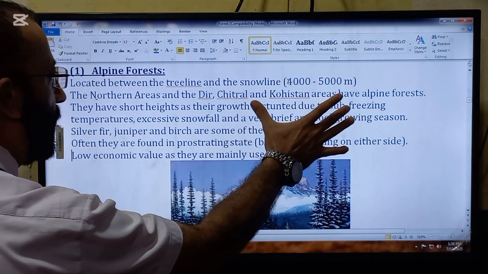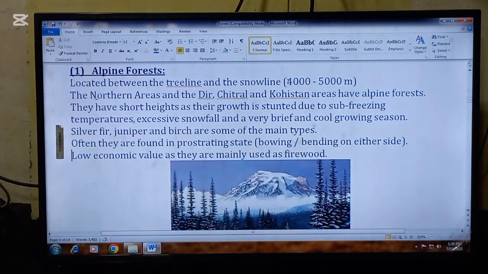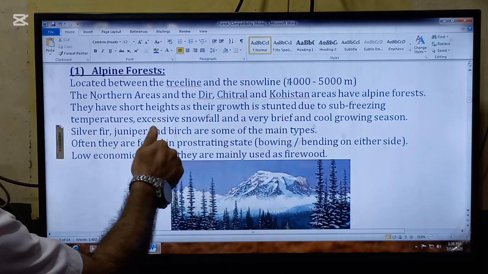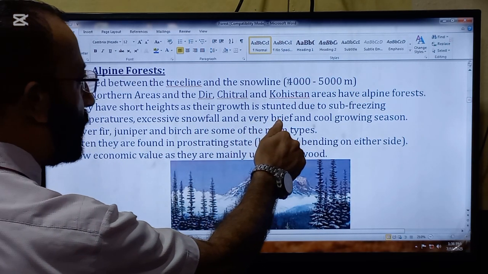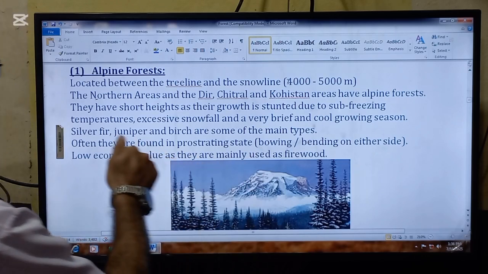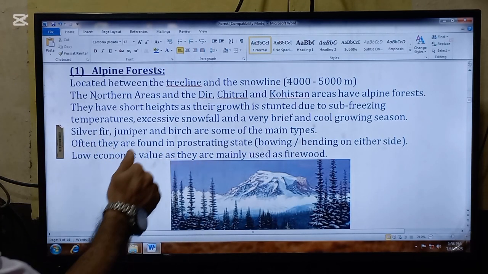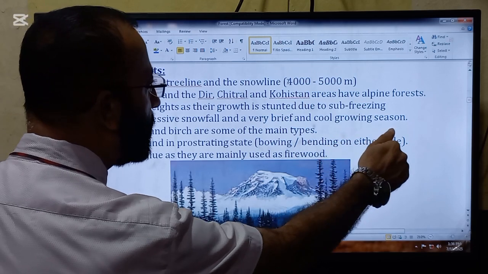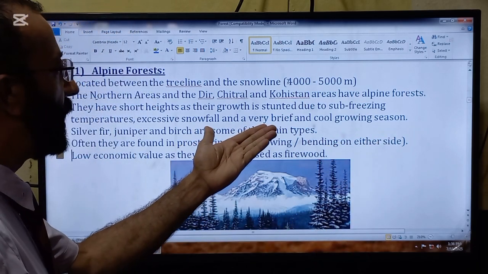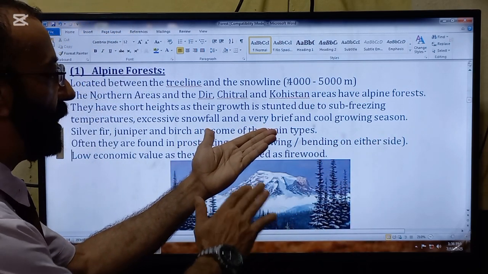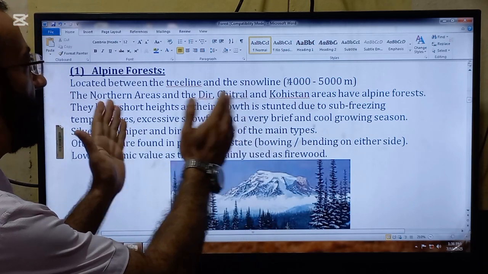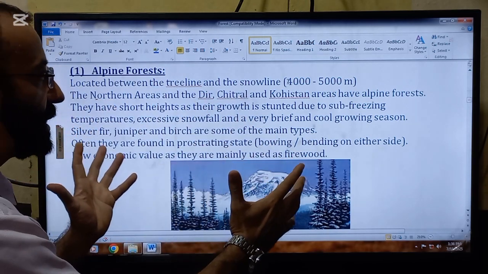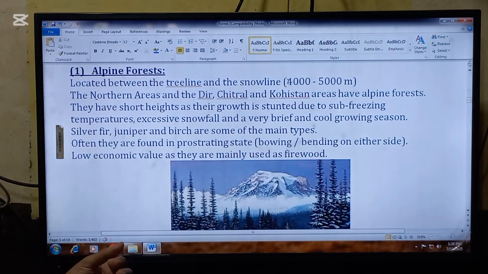So these are the areas where alpine forests are available. They have short heights as their growth is stunted due to sub-freezing temperatures, excessive snowfall, and very brief and cool growing seasons. These are the reasons because of which the growth of trees in alpine forest is very stunted. So read it again.